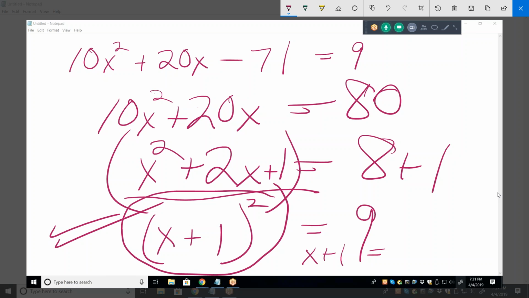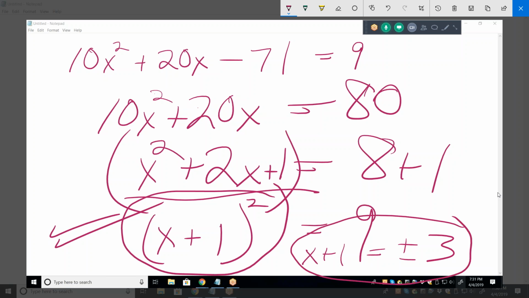Whenever you solve an equation by taking the square root of both sides, always start your answer with the words plus or minus. Well, what is it? Plus or minus 3. Notice that minus 3 times minus 3 is plus 9. Plus 3 times plus 3 is plus 9. So there is no doubt about that solution.